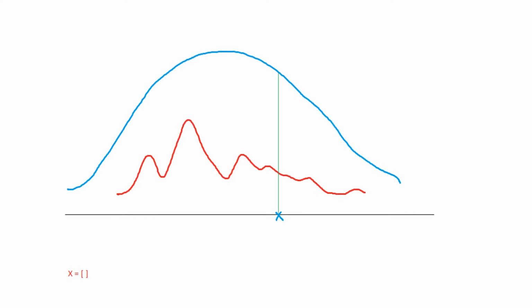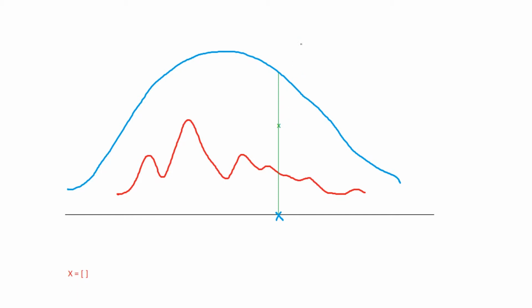Now we draw a line between the sample and the distribution. So if this is g, this is g at point x, this is the x, we draw just the line. And now we will sample uniformly on this line.